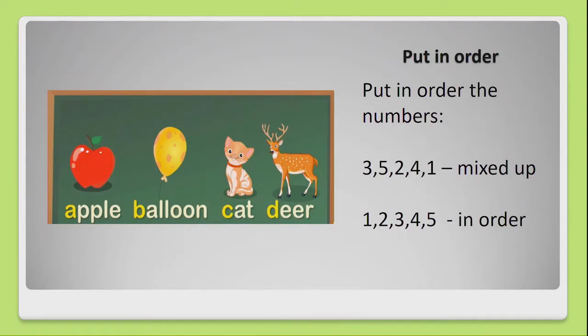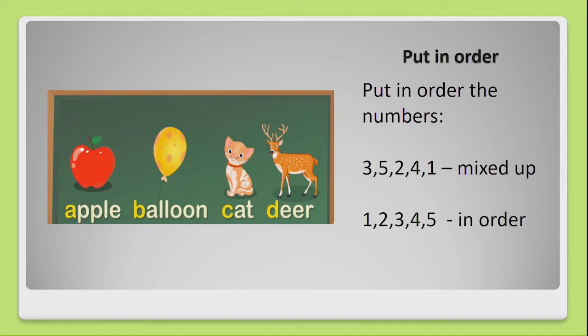Again, put in order. Good job. Look at the numbers. The numbers 3, 5, 2, 4, 1, they are mixed up. You put them in order 1, 2, 3, 4, 5. Now they are in order.